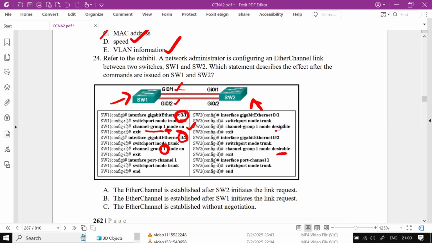Now, my negotiating state also determines do we form the EtherChannel or do we not? Then the other command is against interface port channel 1.